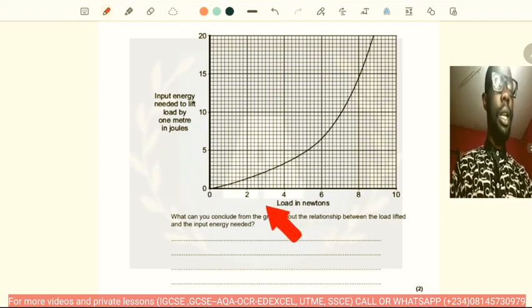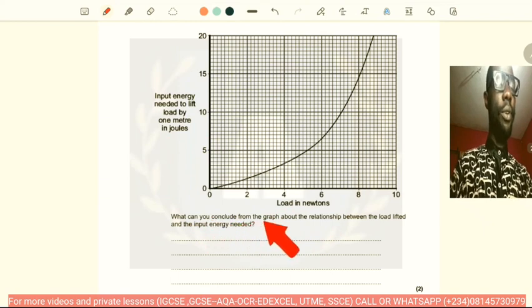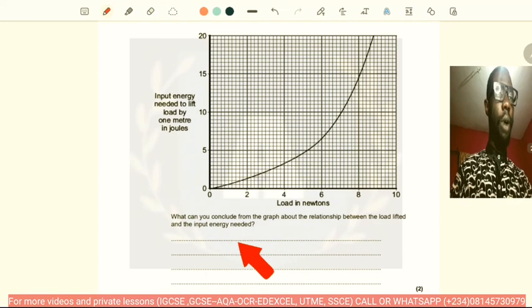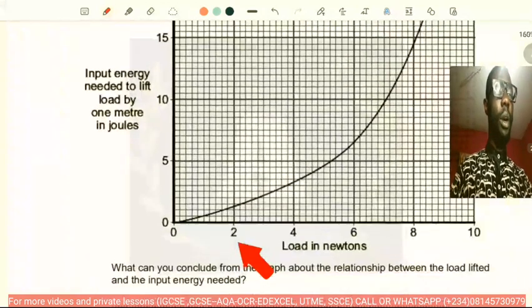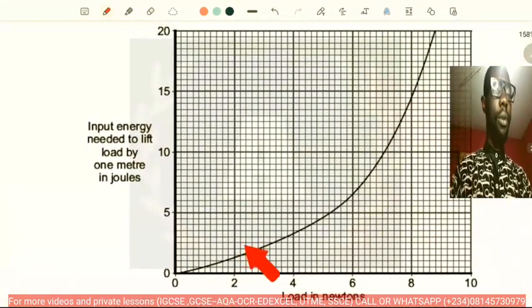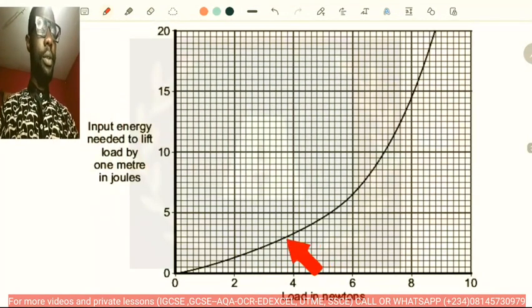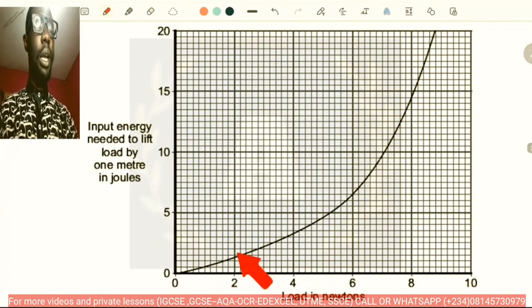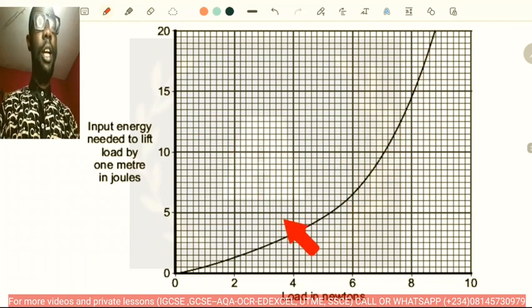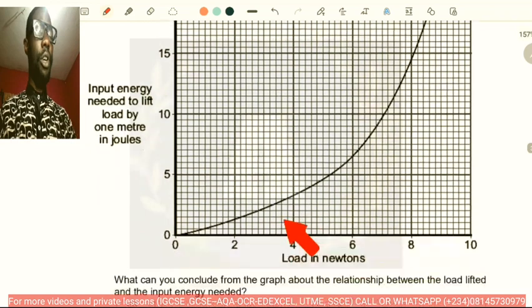What can you conclude from the graph about the relationship between the load lifted and the input energy? From this curve, we can clearly see that as the load increases in size, there is also an increase in the input energy.